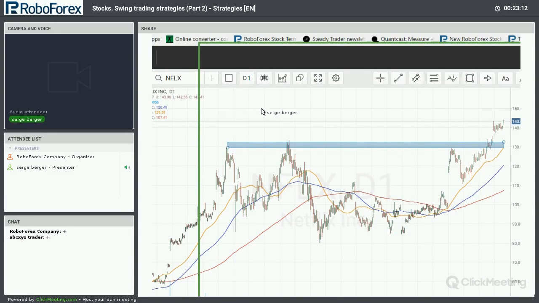Then one more time here, a third time here, and then finally we rallied into this area late last year, late 2016, and we started to slow down. We didn't fall back.